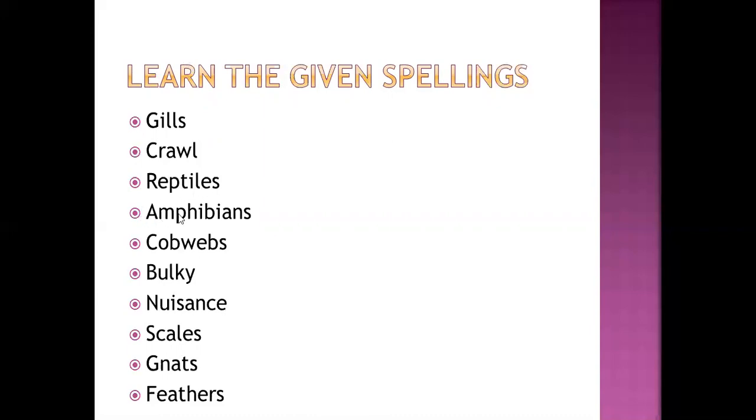Then we've got amphibian. Then we've got cobweb, bulky, nuisance, scale, gnat, feathers. Okay, so the spelling here is gnat. You say it as gnat.